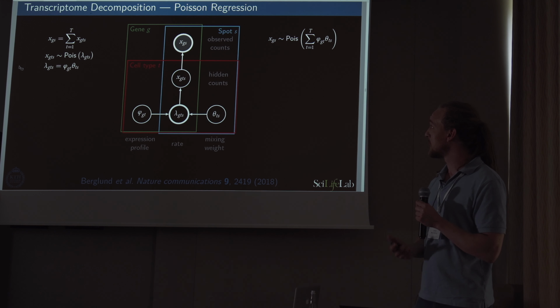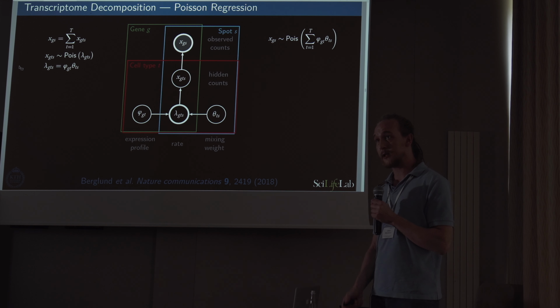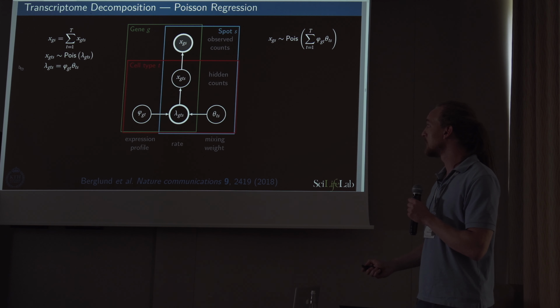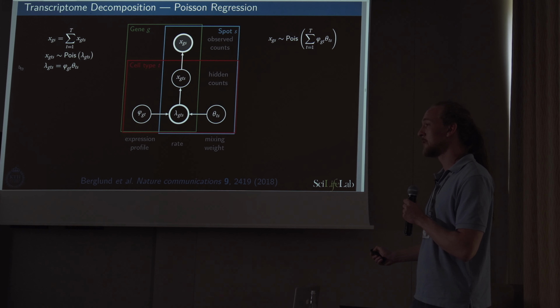And the reason that we can hope to achieve such a decomposition is because we have information sharing. That is to say, in order to infer the expression strength of this gene in that type, we can look across all of the spots. And in order to estimate the mixing weight of that type in that spot, we can look across all genes.